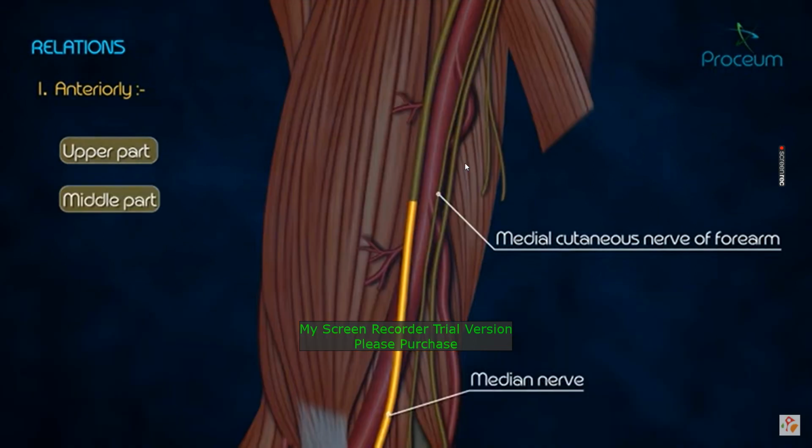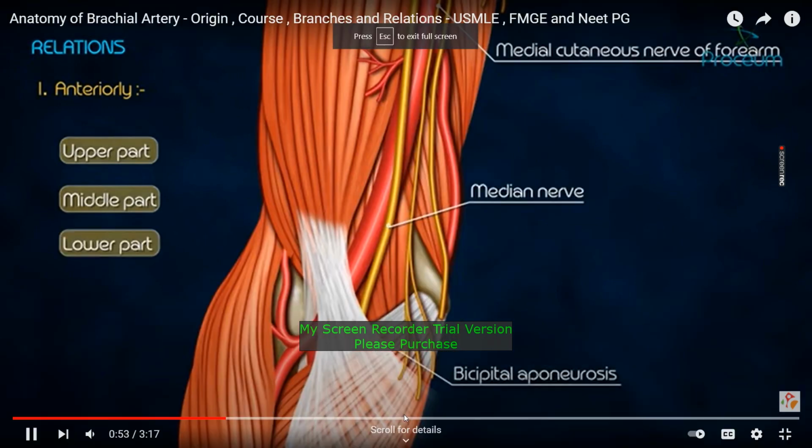In the middle part, it is related to the median nerve, which crosses the brachial artery anteriorly from the lateral side to the medial side. Then on the lower part, it is crossed by the bicipital aponeurosis.